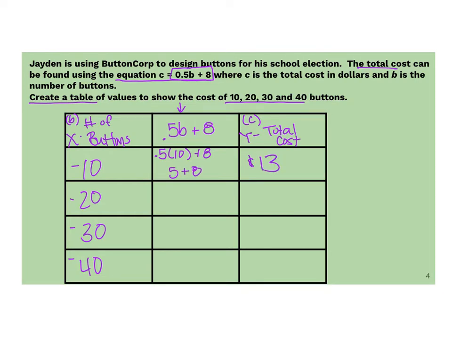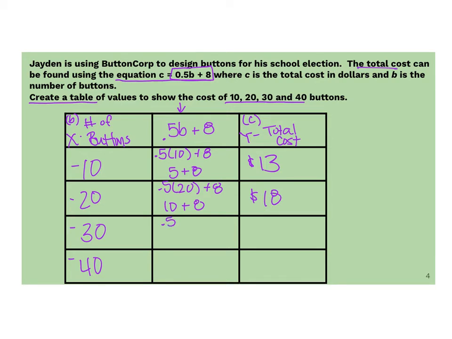I put the dollar sign because it's money. You don't have to. And we're going to do that for each row. So we have half of 20 plus 8. Half of 20 is 10, 10 plus 8 is $18.